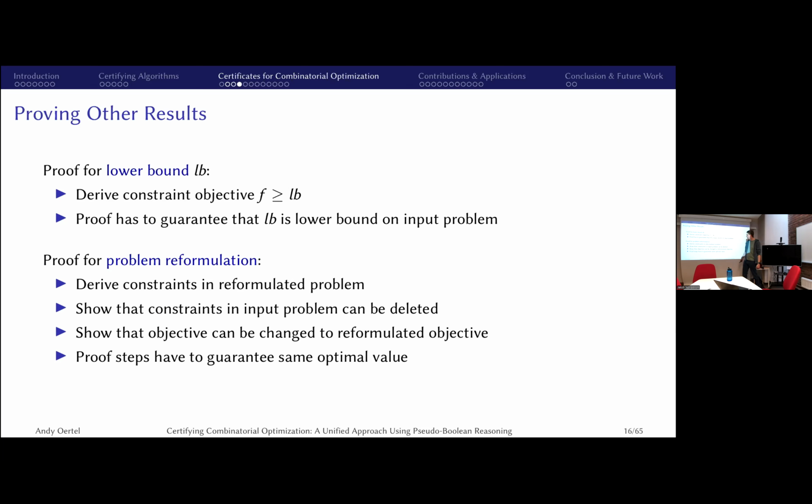For this to work, the proof has to guarantee that in each step we do not change the optimal value, so the optimal value is preserved. So we have stronger guarantees on what the proof system should have for it to be sound.